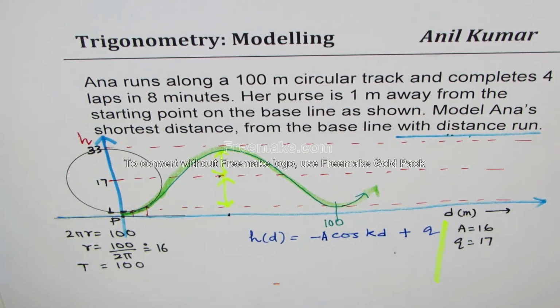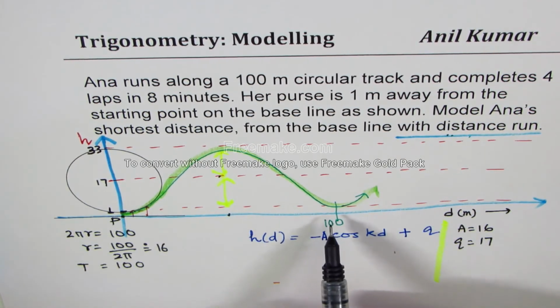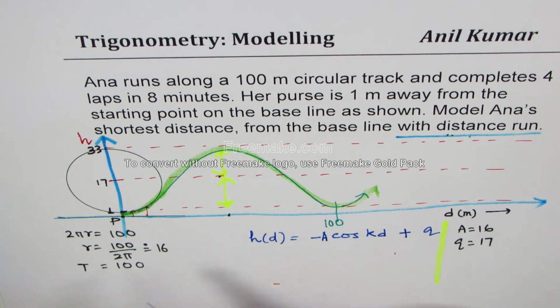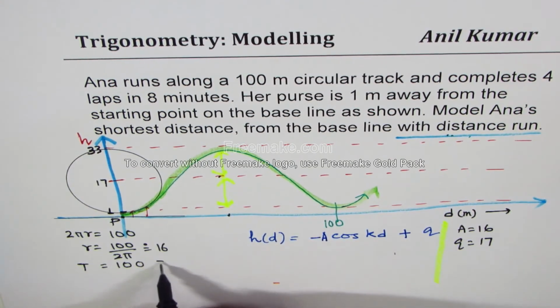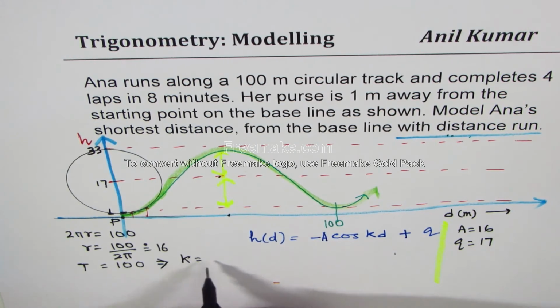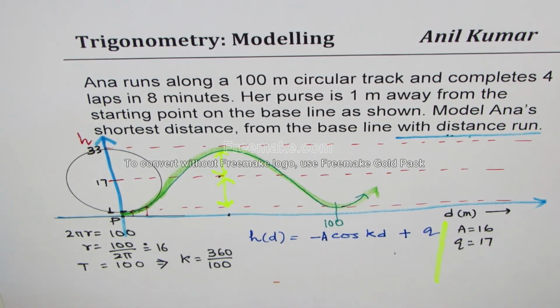How about k? Earlier we were talking about time, and therefore the 2 minutes she took for running the whole path was the time period. Now it is 100. So k will be equal to 360 degrees divided by 100. Do you get the idea? That is what k is going to be.